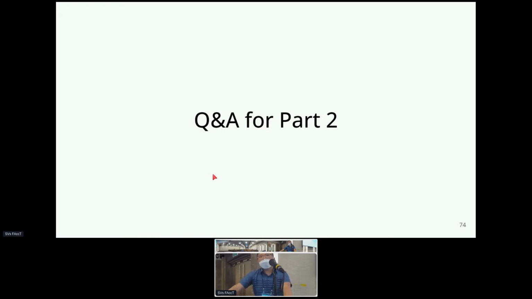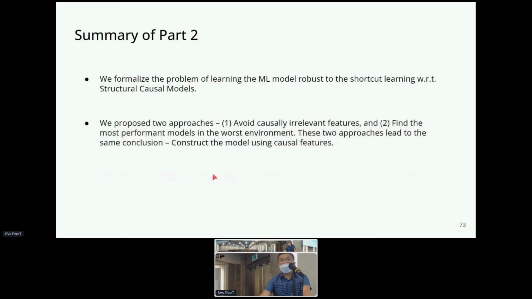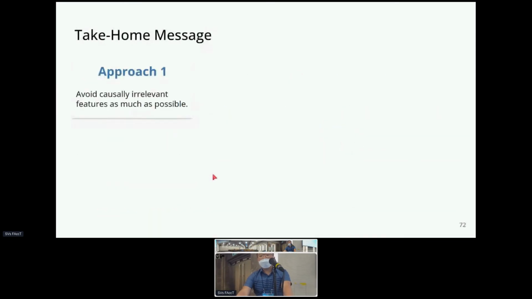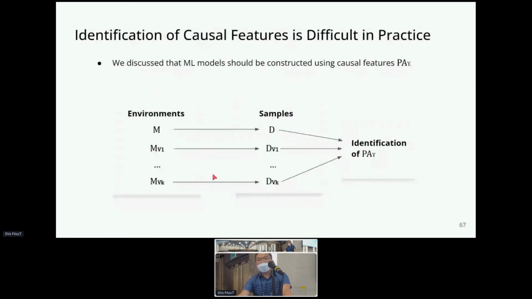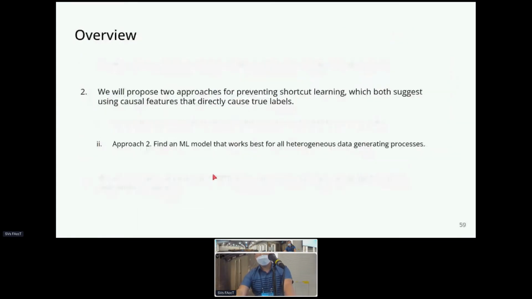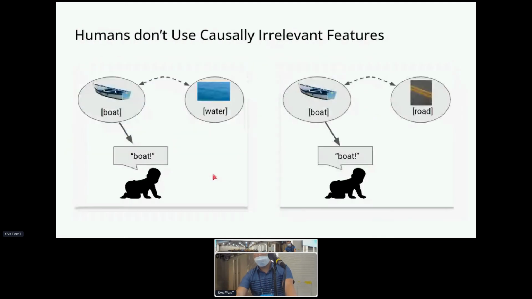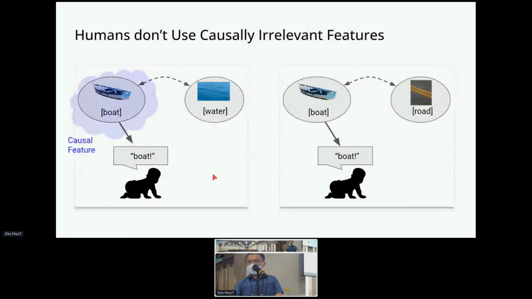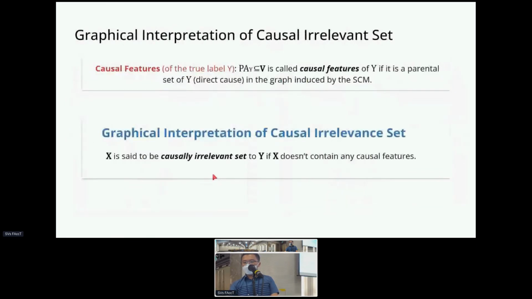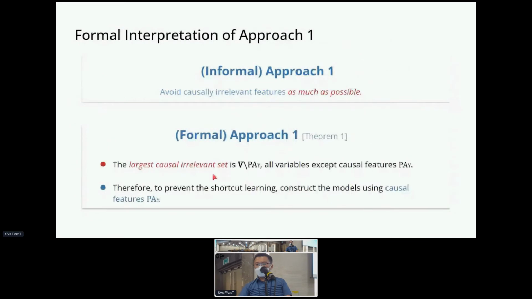So now, if you go to your initial definition of causal feature, the one that you had afterward, the less formal one.